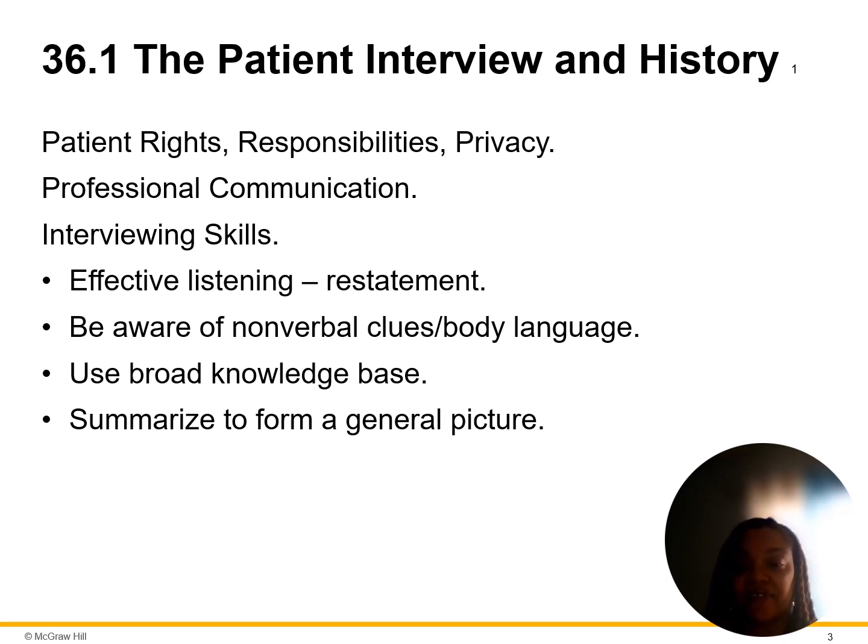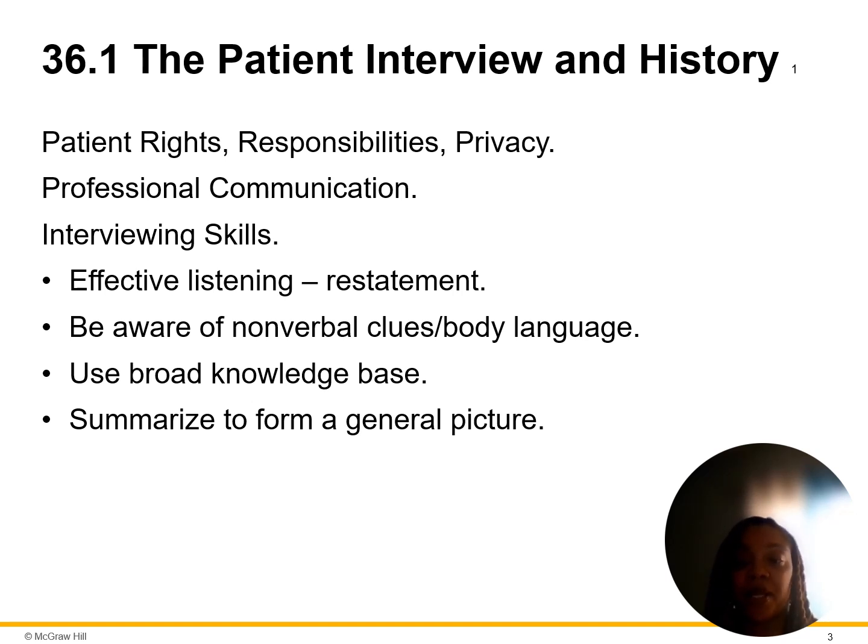The first step in the examination process is your patient interview. Patients have standard rights and responsibilities that a medical assistant is expected to be familiar with. How many of you have ever heard of HIPAA laws?